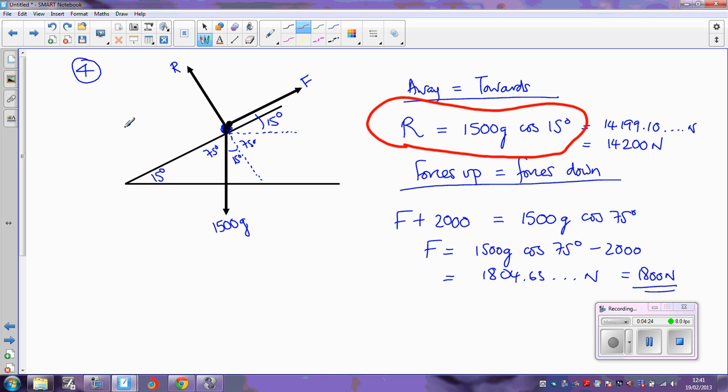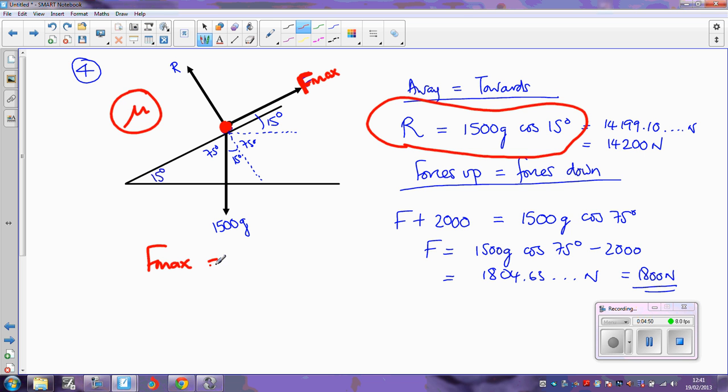Okay, we're asked to work out the coefficient of friction, and we're now told that the skip is just about to slide down the slope, which means that the frictional force has now become F max. So the frictional force is the only thing that's making the skip stay on the slope, and it must be a maximum because the skip is about to slide down the slope.